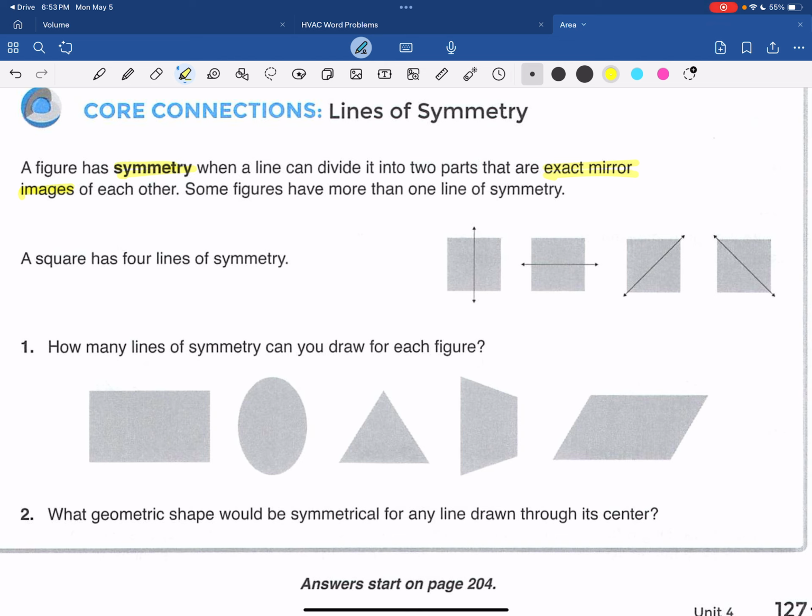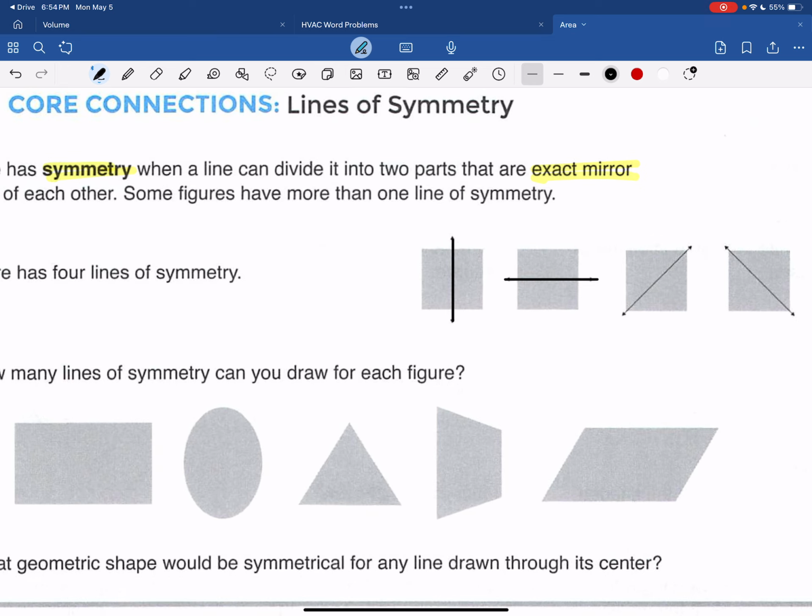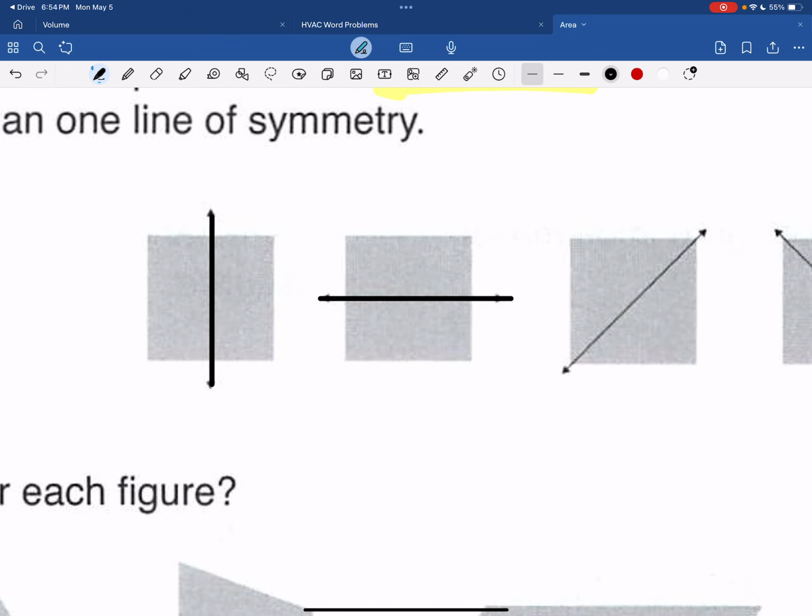Some figures have more than one line of symmetry. For example, a square, because it's perfect all around, it has 4 lines of symmetry. You can draw a line vertically through the center or horizontally through the center. Imagine that that black line is a mirror and you're getting a reflection on one side.